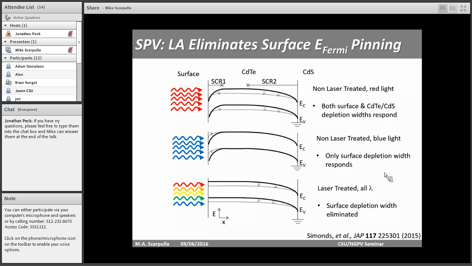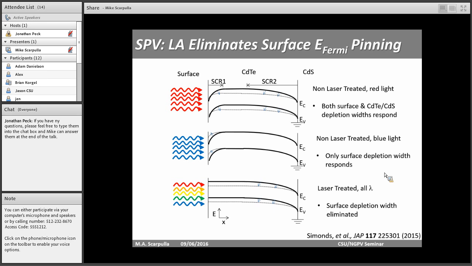Now, in the case of blue light, well above band gap, you're only getting carriers producing a photovoltage in that SCR1, which is at the free surface. So in the non-laser treated case, we saw a lot of modulation in the blue, and of course that had the opposite sign to that from the SCR2 region.